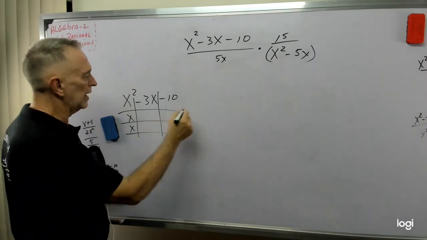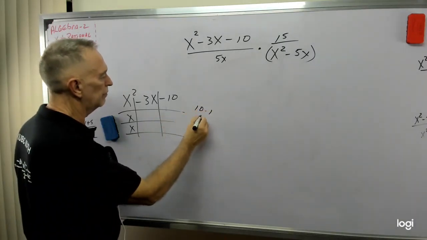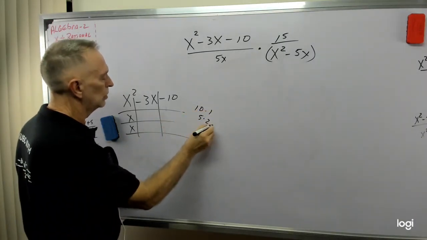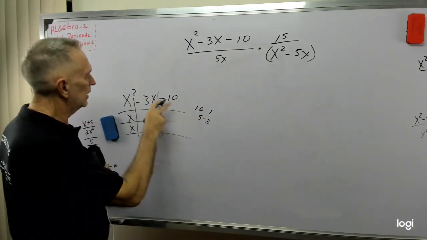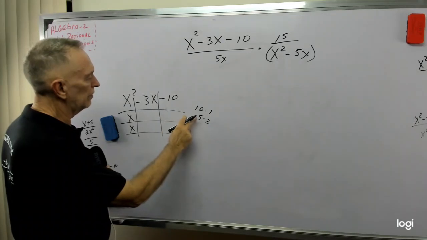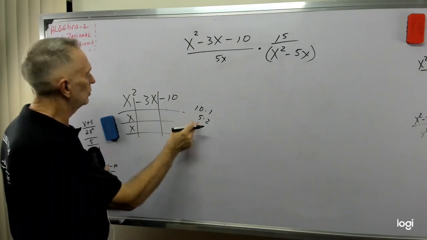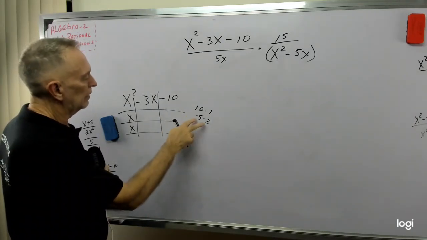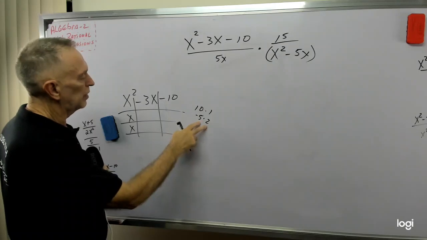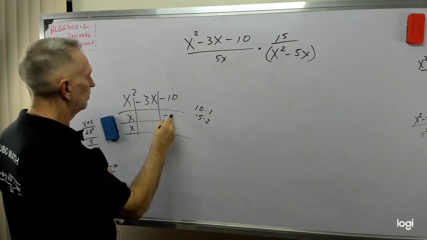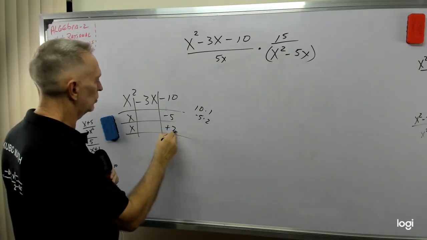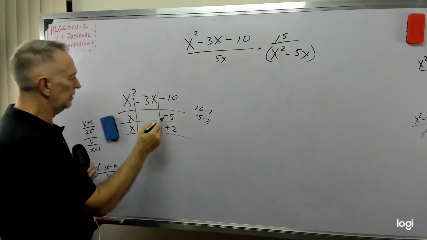The factors of 10 are 10 and 1, 5 and 2. So I need a negative 10, so I could have a negative 5 or negative 2. If I have a negative 5 plus a positive 2, that gives me a negative 3. So that's what I need. Negative 5 and positive 2 give me a negative 10.